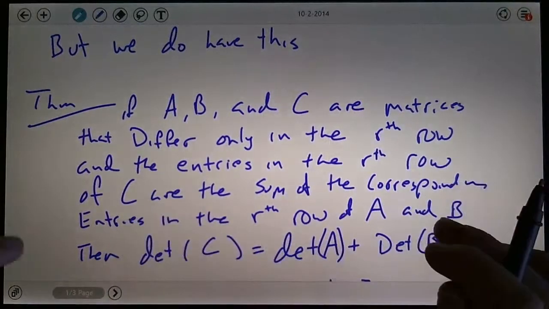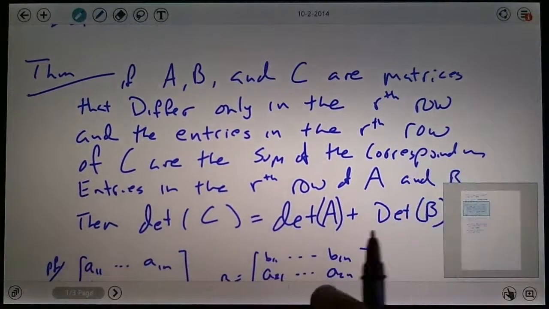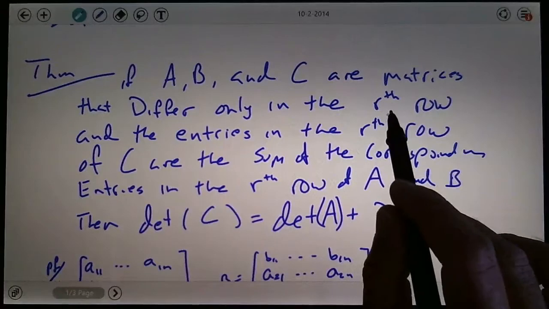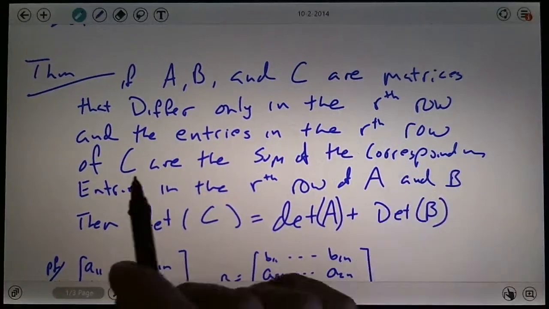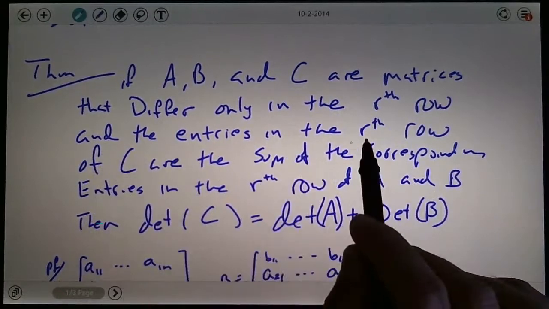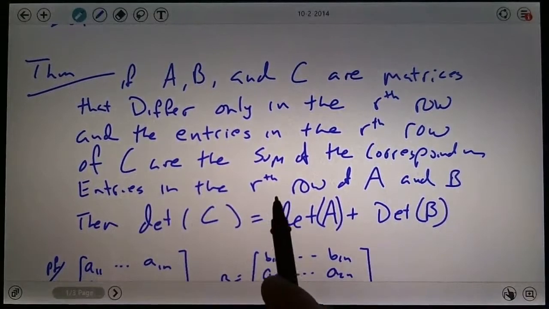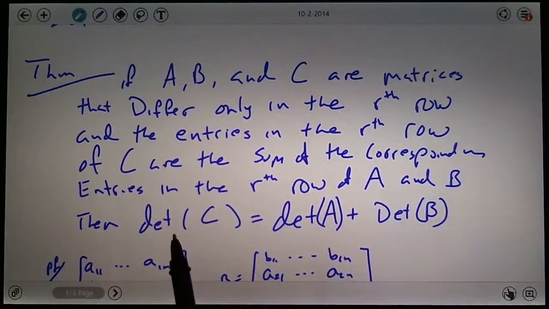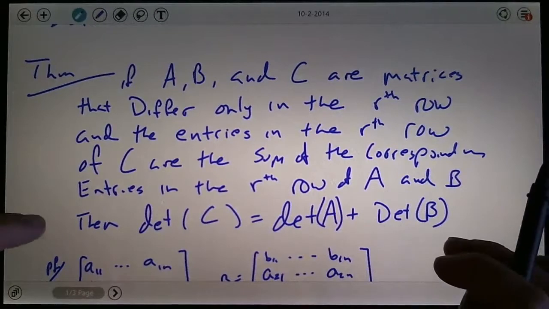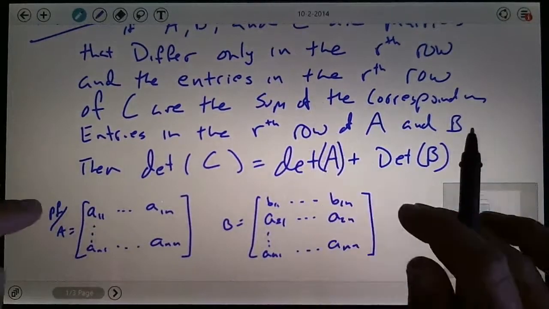It says this: if A, B, and C are matrices that differ only in one row, let's say the rth row, and the entries in the rth row of C are the sum of the corresponding entries in the rth row of A and B, then it is the case that the determinant of C is the determinant of A plus the determinant of B. The proof maybe will explain what we're actually talking about here.